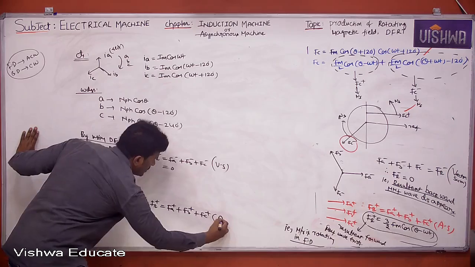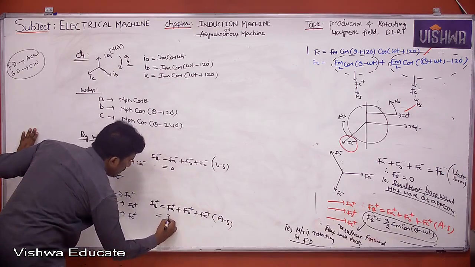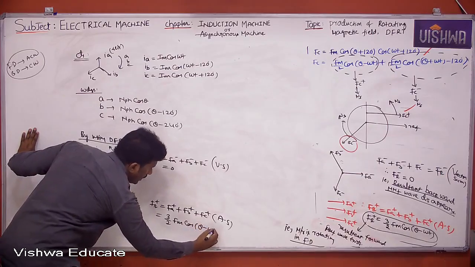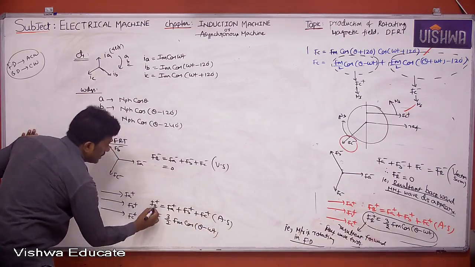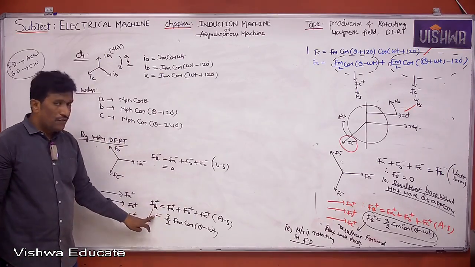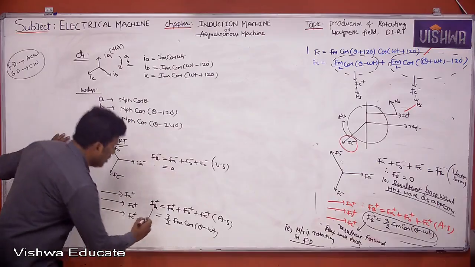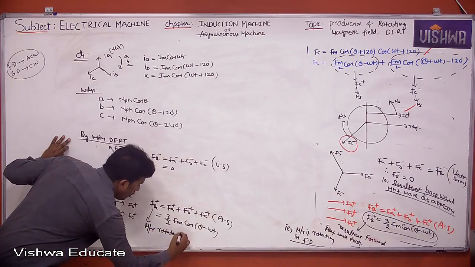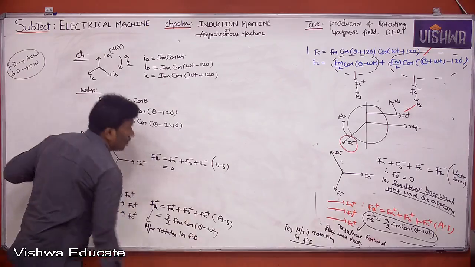It's an arithmetic sum because they are in-phase vectors. So I got the value 3/2 Fm cos(theta minus omega t), and you told that the resultant backward is becoming absent, only the resultant forward MMF is existing, therefore the motor rotates in the forward direction. This is the conclusion you told, right?